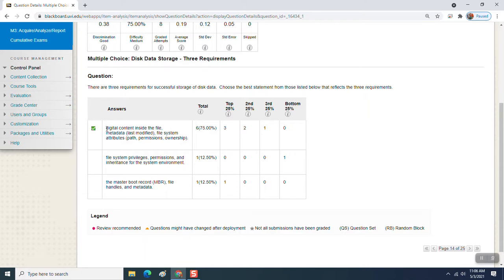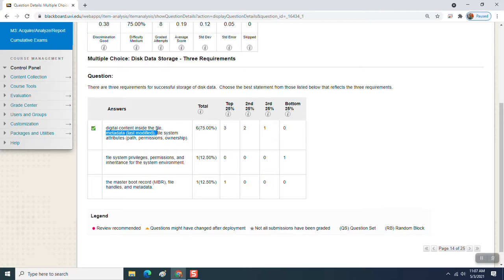Digital content inside the file is part of the interest for acquisition. So when you're trying to capture successful digital evidence from a disk store, you need the digital content inside the file.